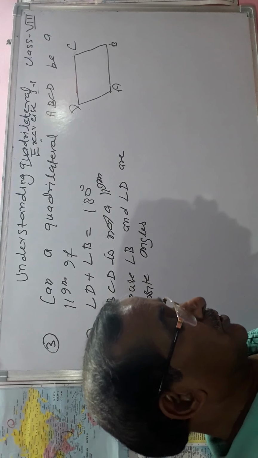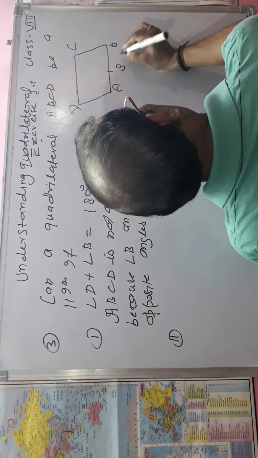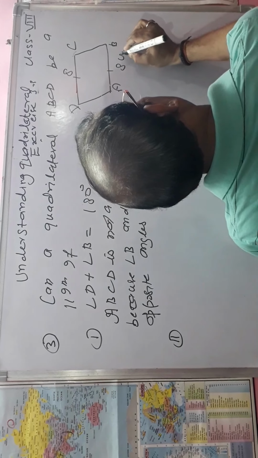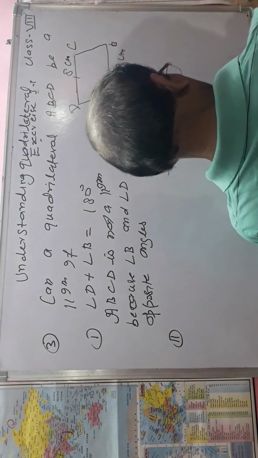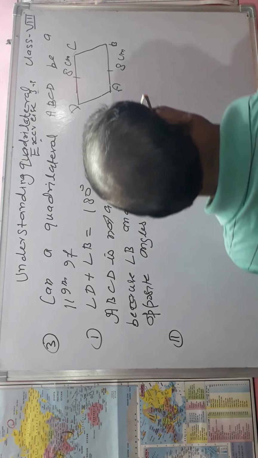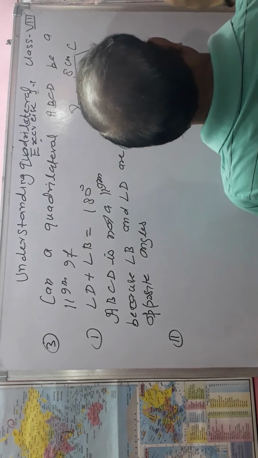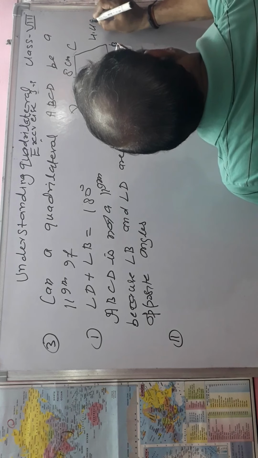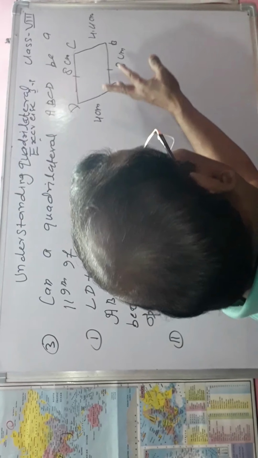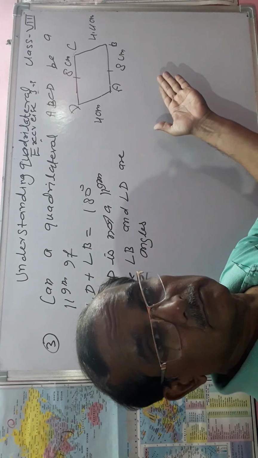Now the second part of this question: AB is equal to DC is equal to 8 centimeters, both sides are 8 centimeters, and AD is equal to 4 centimeters and BC is equal to 4.4 centimeters.